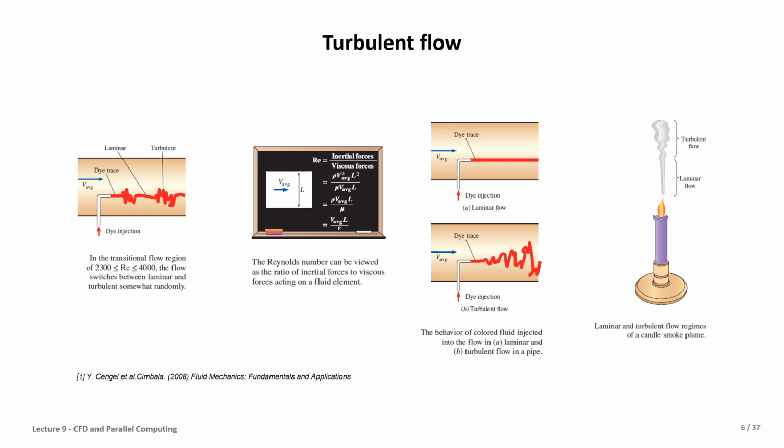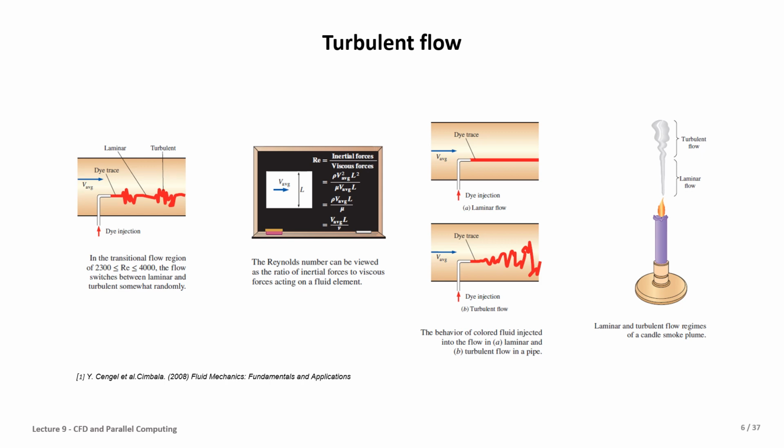But when we look at the turbulent flow, the dye trace doesn't follow any pattern, and it's random motion. So in this picture, we can see the difference in these two flow regimes.